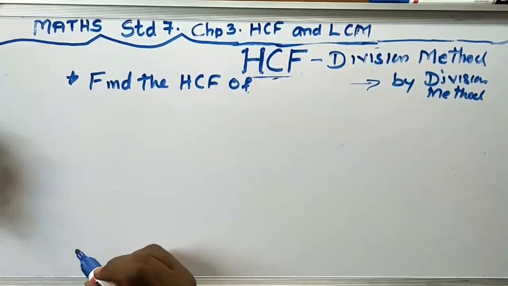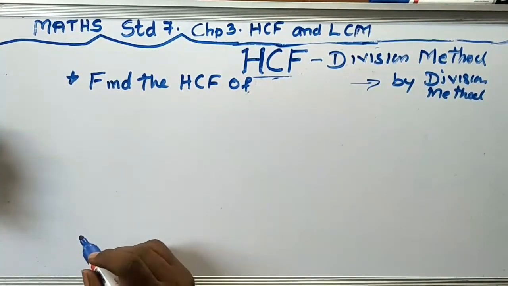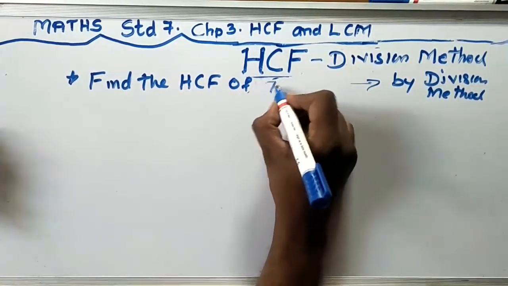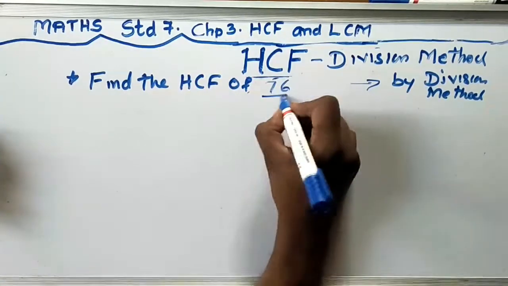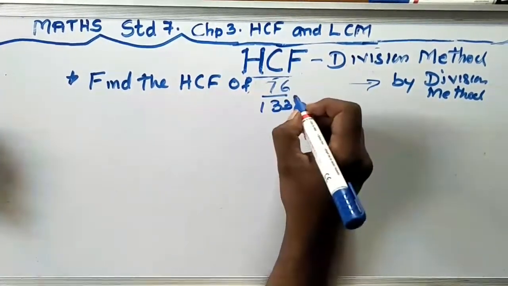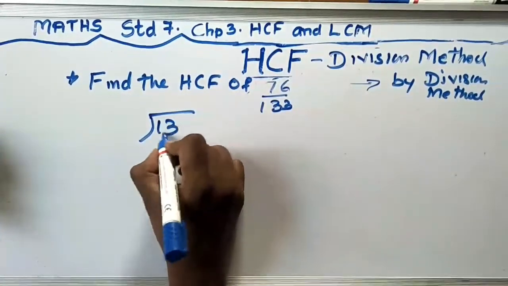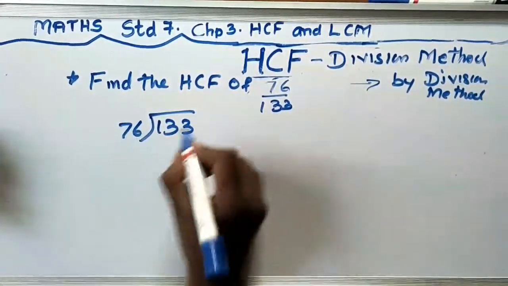Let us do one more sum. Let me take 76 and 133. 133 and 76.